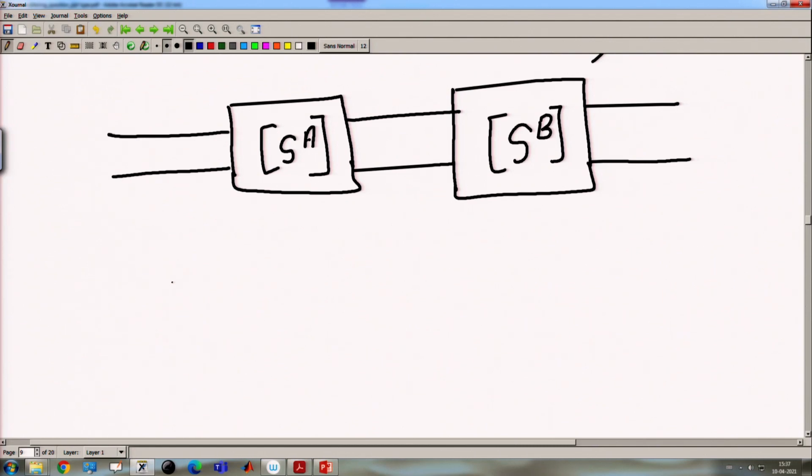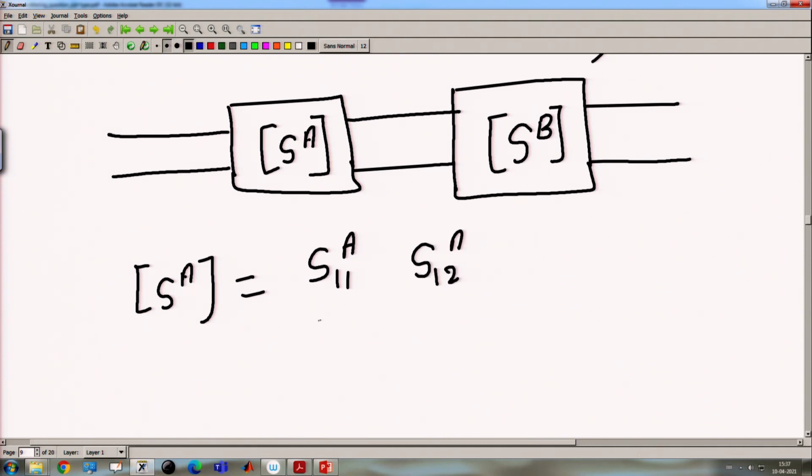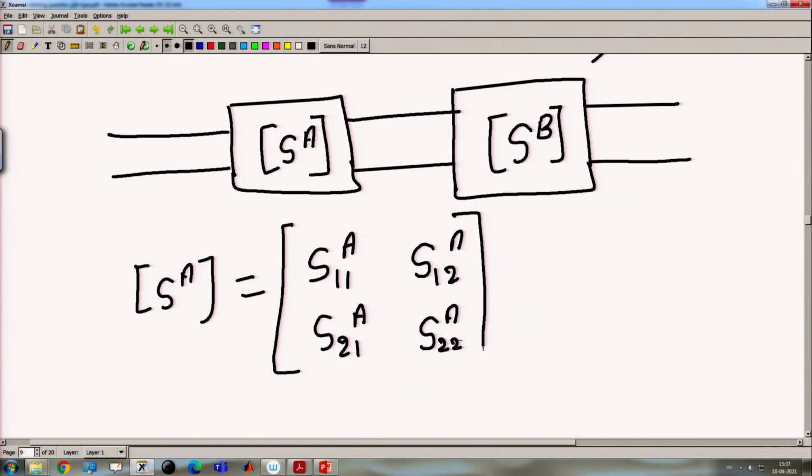Because this is known and this is a two-port network, we can write SA, defined as S11A, S12A, S21A, S22A. So, this is the meaning of SA.